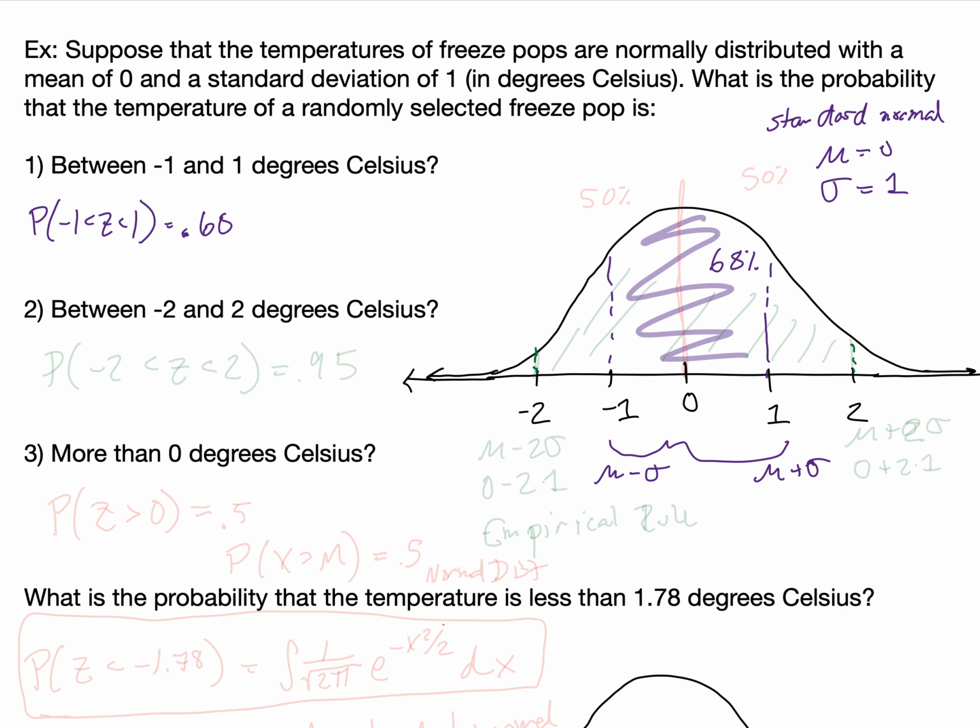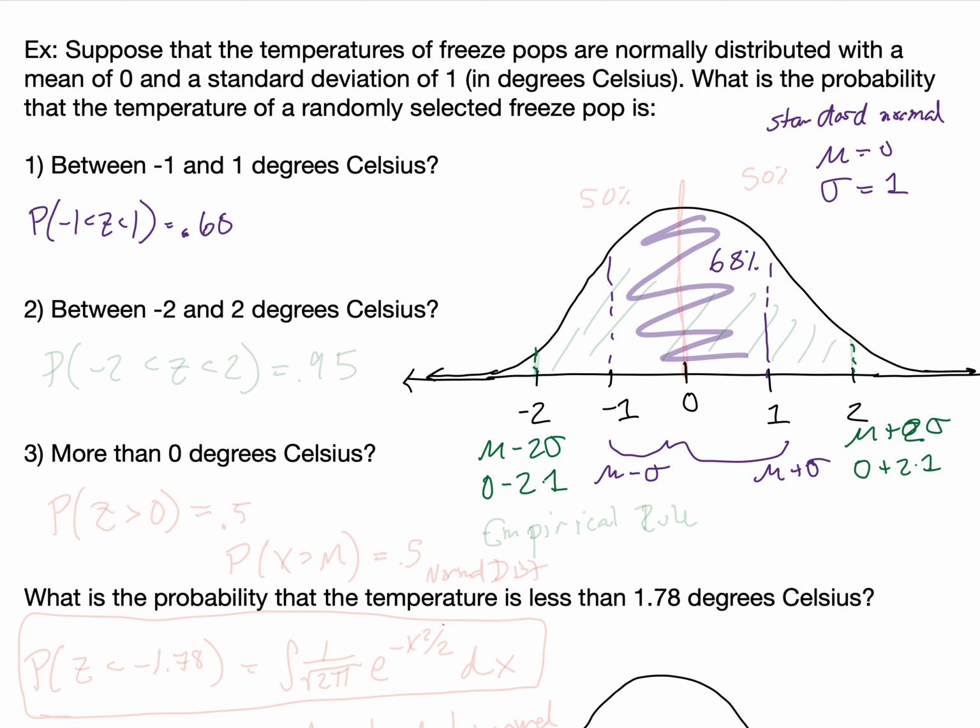And what about between -2 and +2 degrees Celsius? A temperature of 2 degrees Celsius would correspond to the mean plus 2 standard deviations, because the mean is 0 plus 2 times 1, that is 2. And a temperature of -2 would correspond to the mean minus 2 standard deviations: 0 minus 2 times 1.